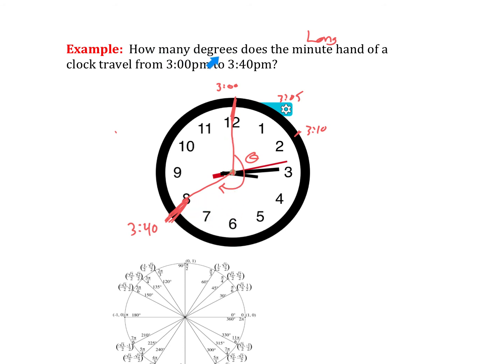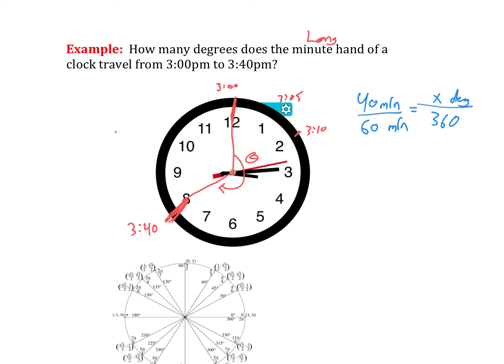And thankfully, we're talking degrees. So here's a few ways you could do it. Method number 1, set up a proportion. If we went 40 minutes out of a total 60, because 60 is 1 lap around in an hour, I could say, how many degrees is that out of a full rotation of 360? That's one method.